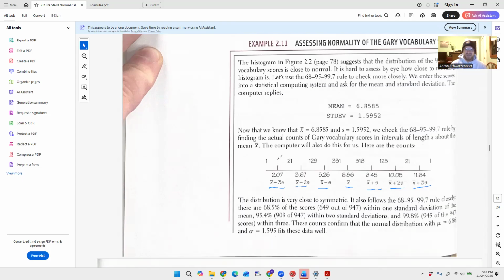So here's 3 standard deviations below the mean. Here's my mean. What I'm going to do is check, is this roughly 68%? So I take these together, I get 649 out of 947. That's 68.5. That's pretty good.